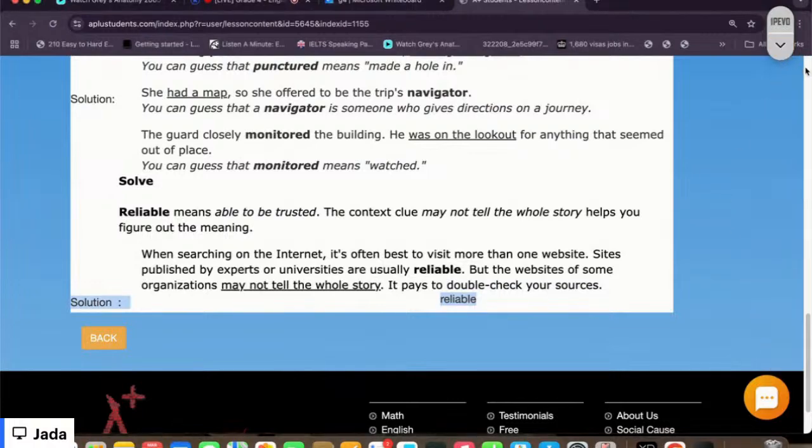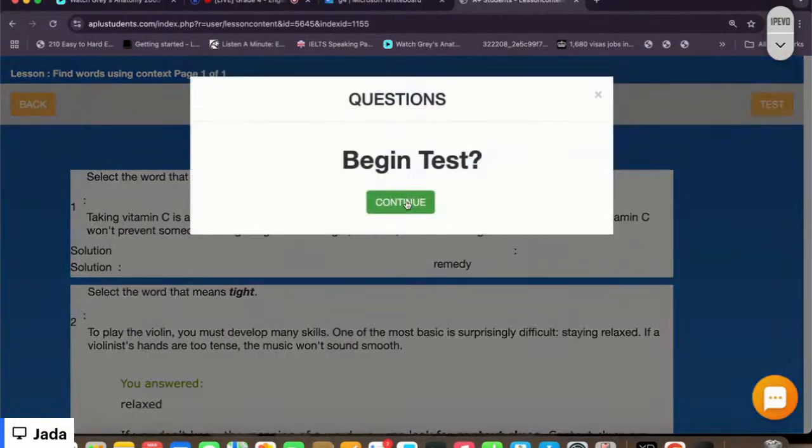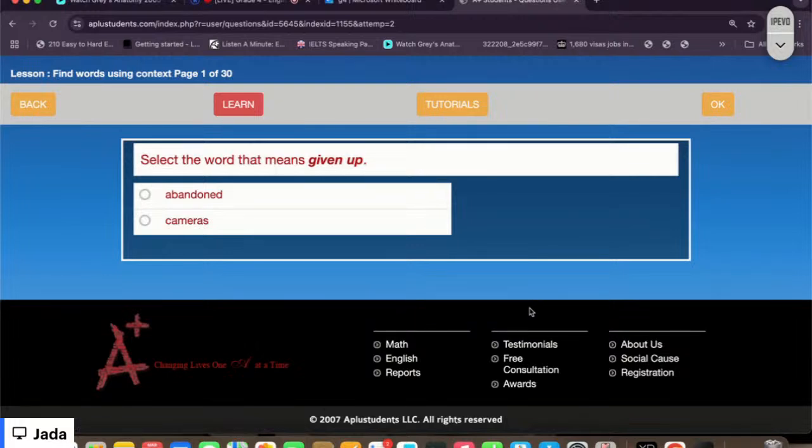Okay, so let's move on to the test and you can share your answers with me. Alright, so select the word that means given up. So is it abandoned or cameras? Which of this is the meaning of given up?